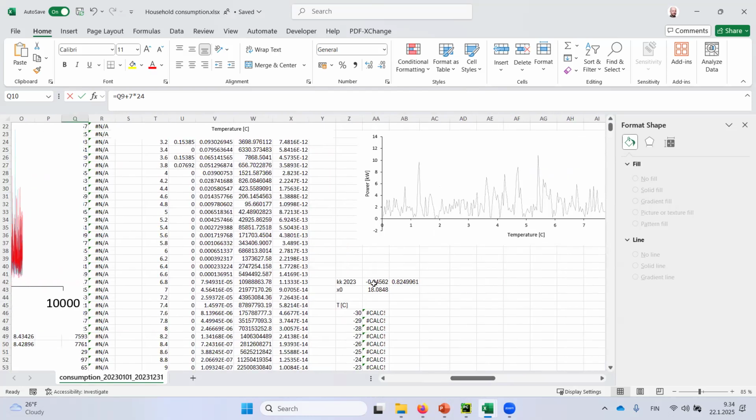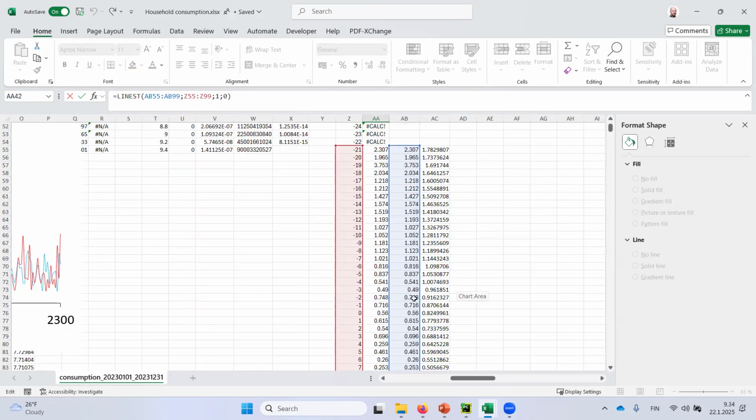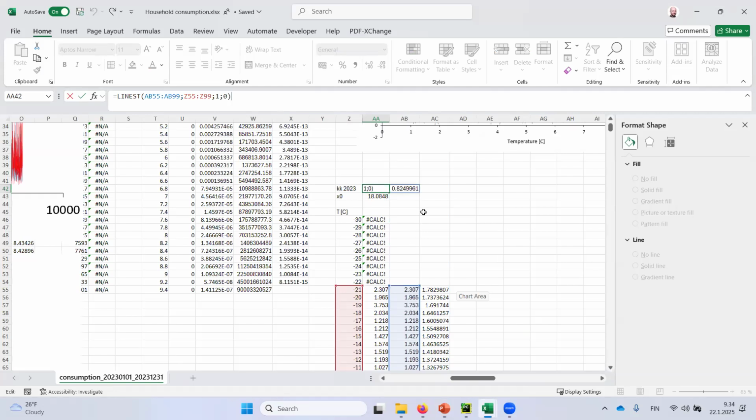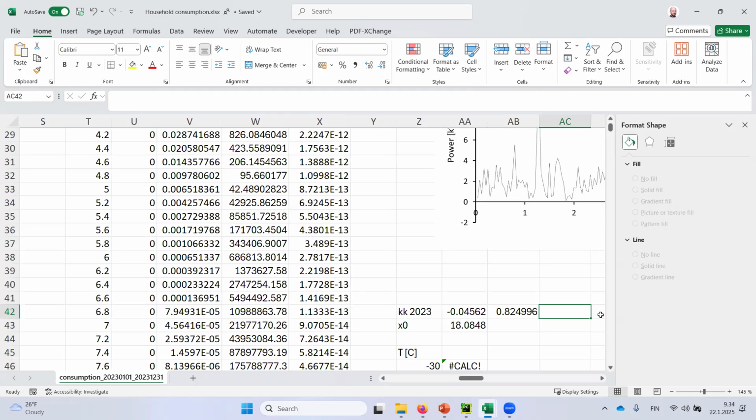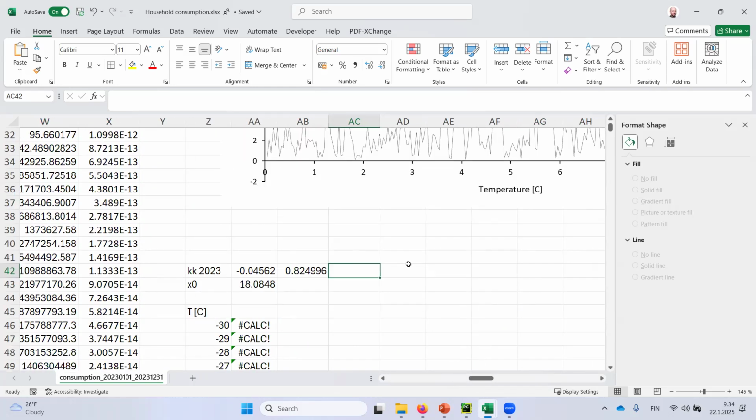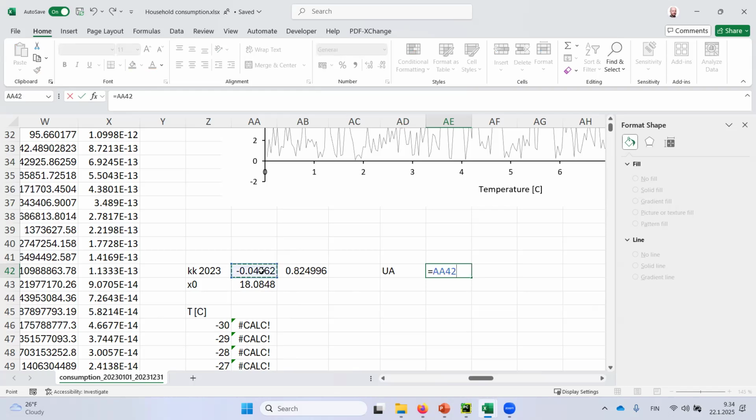But in here, you can see that this is a linear function of these values. So it gives me delta y over delta x. This coefficient should be minus UA. If I say UA in kilowatts, it's this one times minus 1000. My UA is this much.